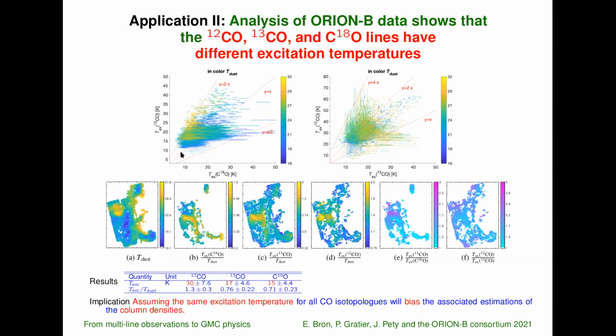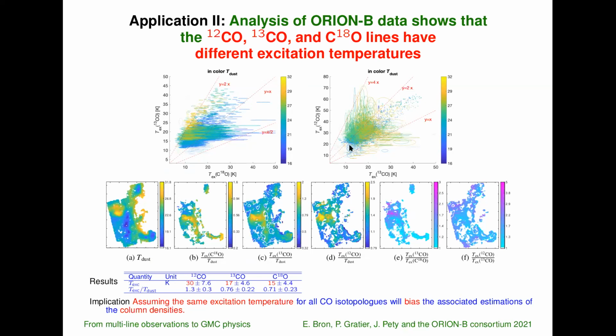You see that the excitation temperature of C18O and 13CO is centered on a line of slope 1, so typically within a factor of 2. It's not at all the case for the excitation temperature of 12CO compared to 13CO.